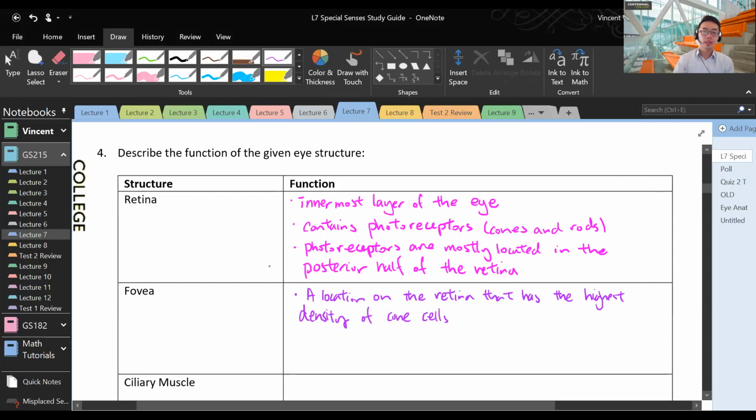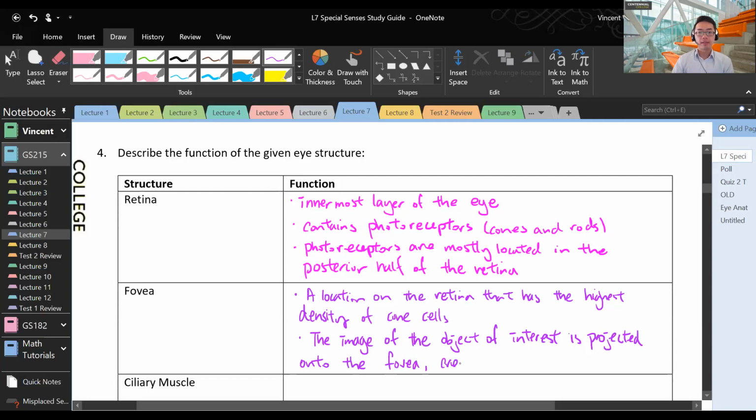Okay. The image of the object of interest is projected onto the fovea, creating a sharp image.